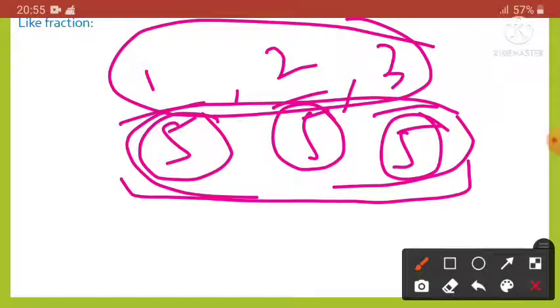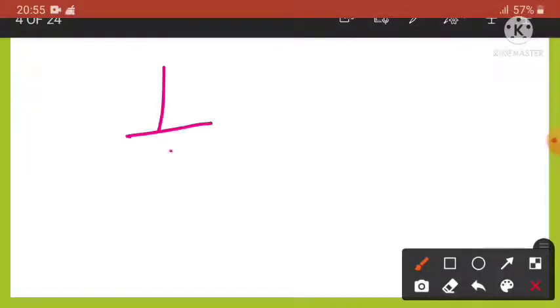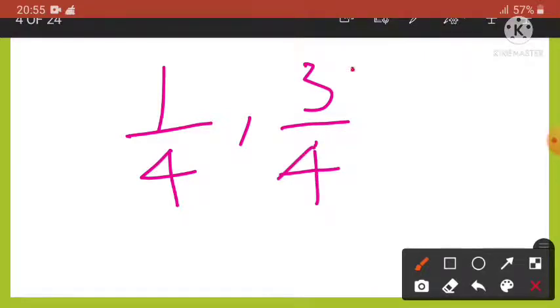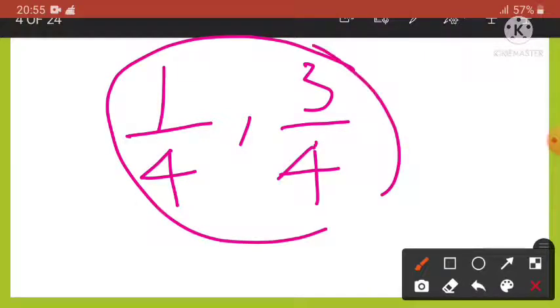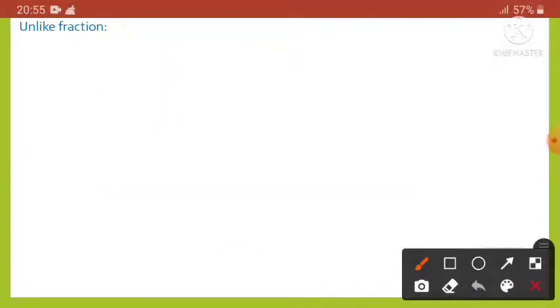Suppose another example we can take: 1/4, 3/4. These are like fractions because the denominators are the same. Next is unlike fractions.